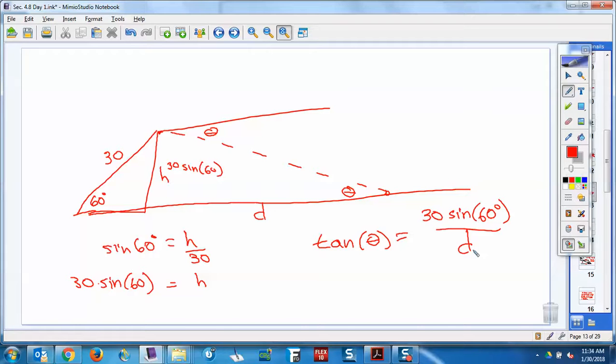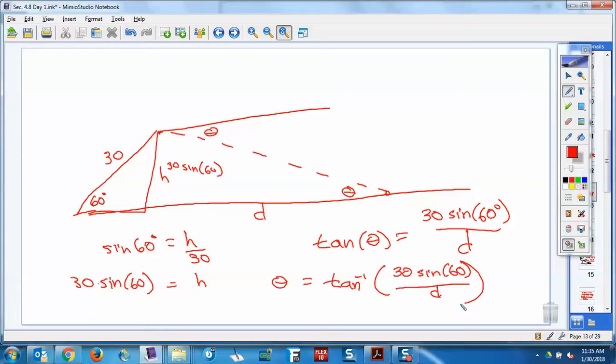We know we would just do inverse tangent. We haven't talked about inverses really yet, but what this would be is theta is inverse tangent of this other side like that, and that would be theta in terms of d. But you could leave it like that, tangent theta equals. That's what they mean in part B.